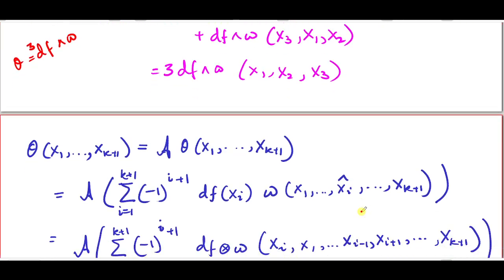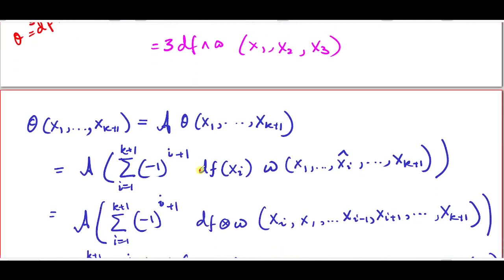Now, notice that this is of course the same as the tensor product of df and omega acting on the bunch of arguments which has xi at the beginning and then comes x1, x2 up to xk plus 1 with xi being dropped from here.